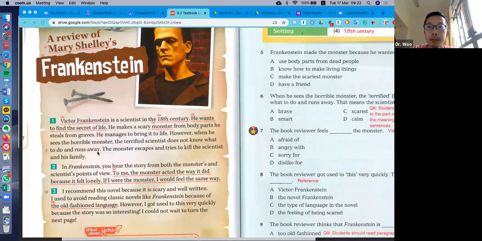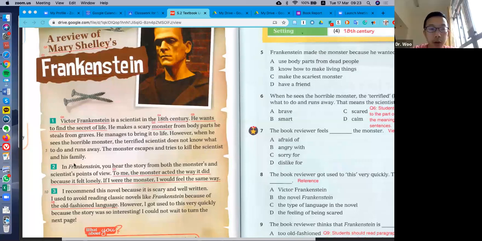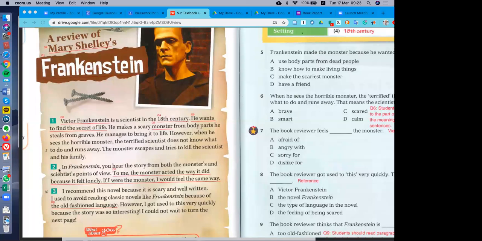Kirsten. The monster escapes and tries to kill the scientist and his family. Okay. So in Frankenstein, Mr. Bond, in Frankenstein, you hear the story from both the monsters and scientists' points of view.